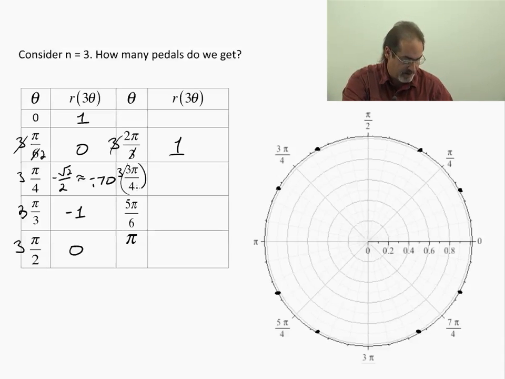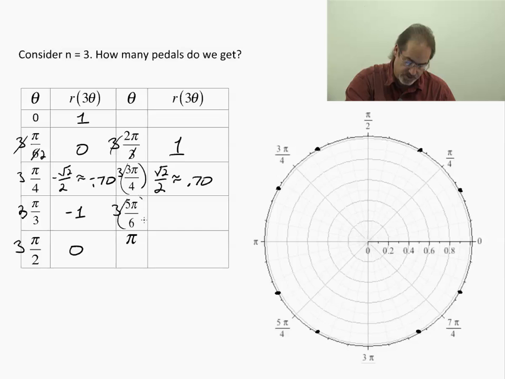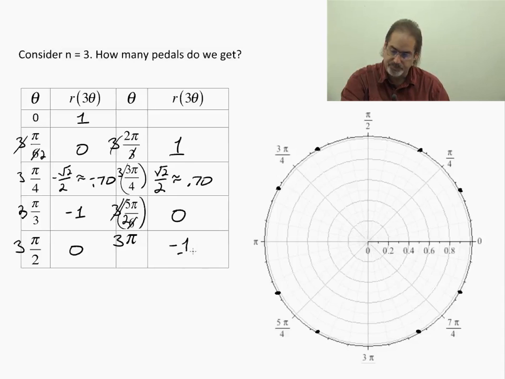That's the same thing as 9 pi over 4, which is going to be root 2 over 2, which is approximately a positive 0.70. And at 5 pi over 6, I'm going to have 3 times 5 pi over 6, which is 5 pi over 2, which is going to give me 0. And of course, 3 pi would be a negative 1.